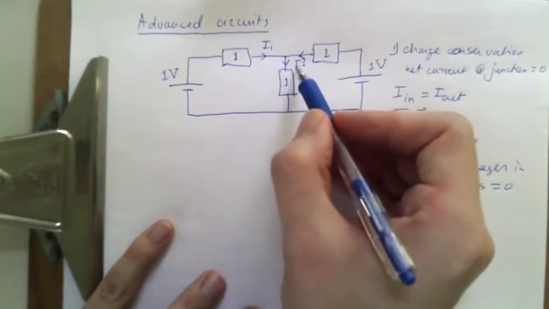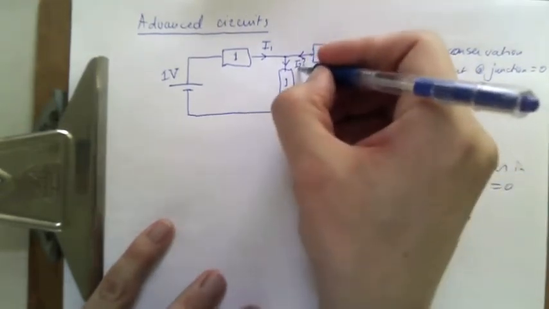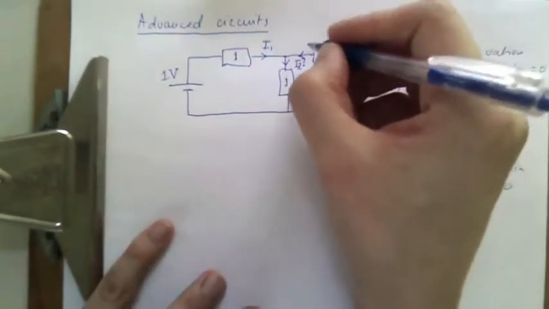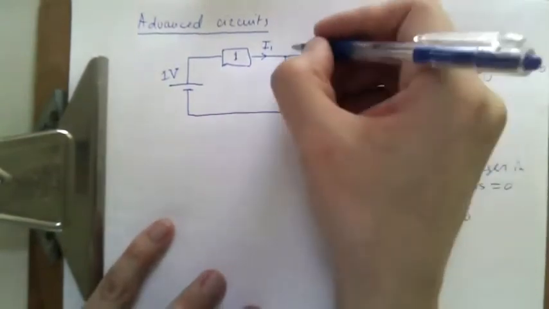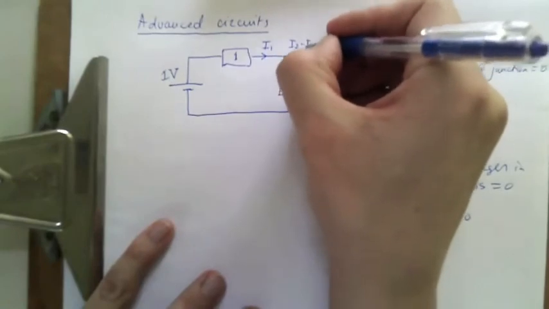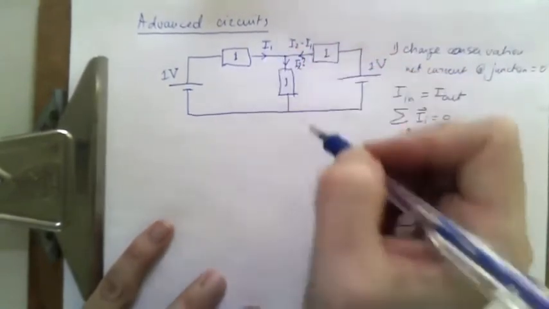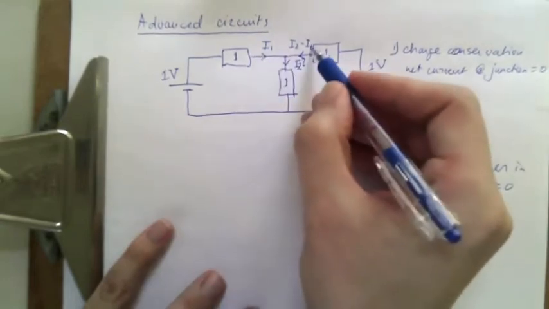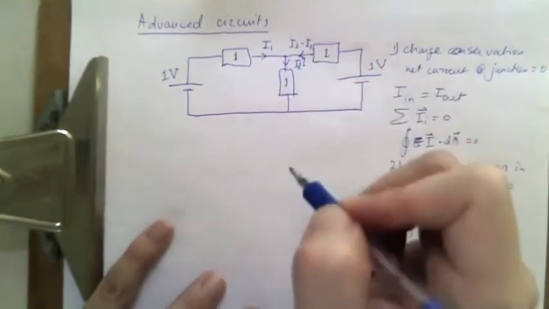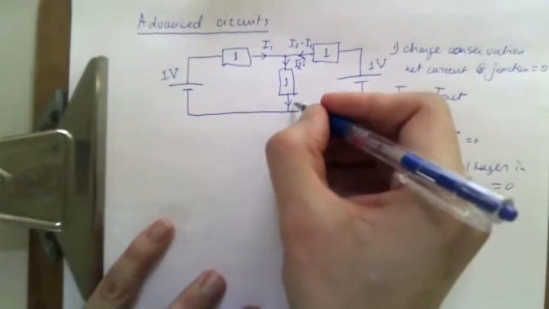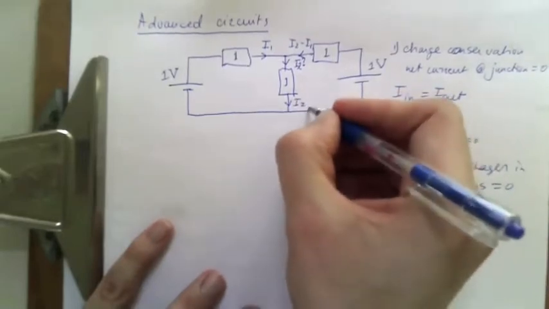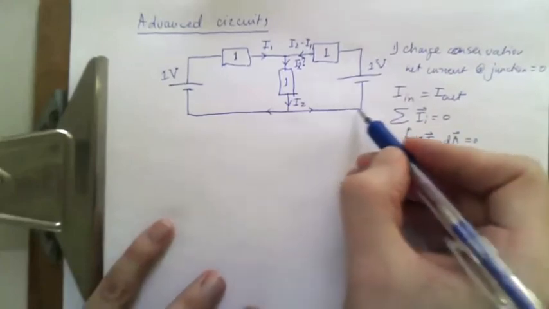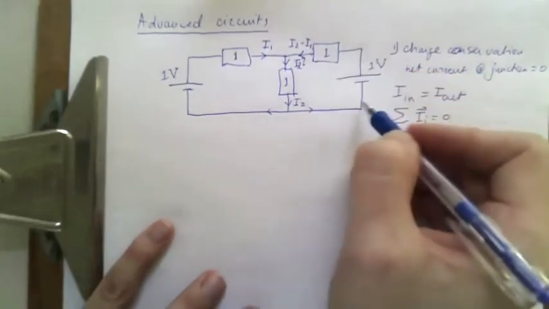So I'm going to call this current I2, and then this must be whatever the deficit is, right? So that would be I2 minus I1, because the sum of these currents needs to be 0, right? So I1 plus I2 minus I1 gives you I2. Similar here, this is an I2. And then outgoing here are those two same currents, because this current doesn't have any branches in between.